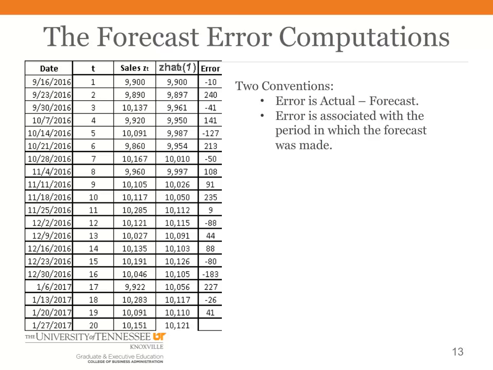So E sub 2, for example, is the error associated with the forecast that we made in week 2 for the outcome in week 3. So it's actual of 3 minus forecast of 2 is the error for week 2.